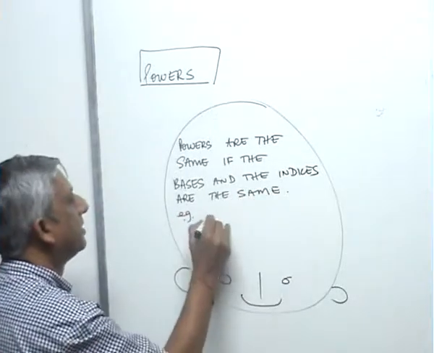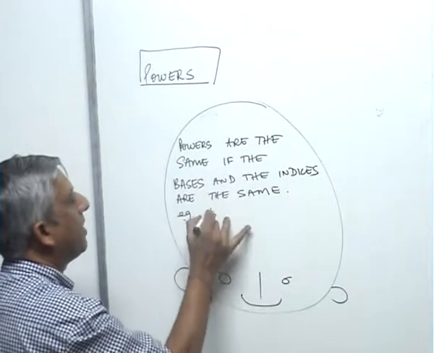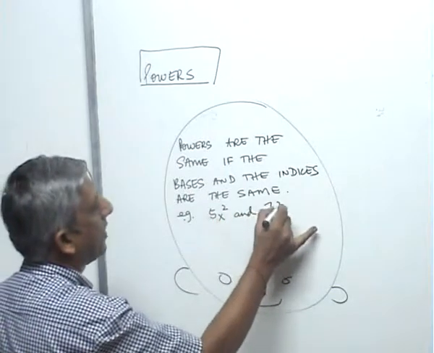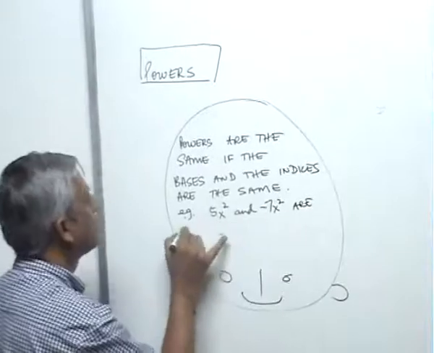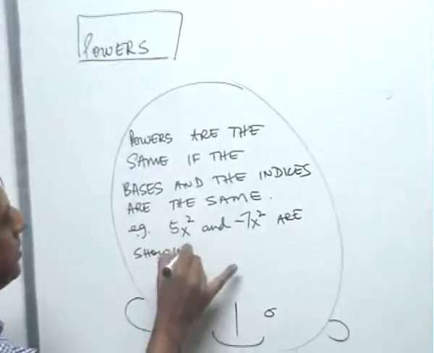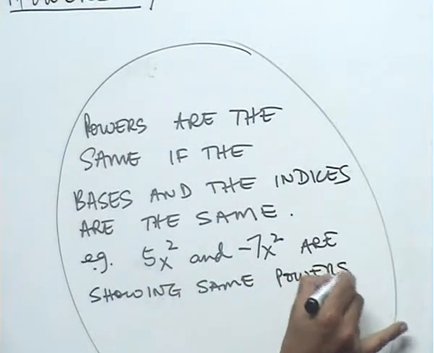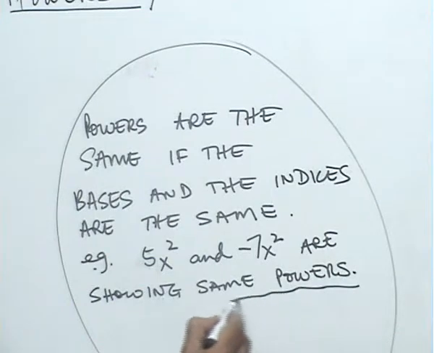For example, 5x squared and minus 7x squared are showing same powers. So, we must be able to identify same powers. 5x squared and minus 7x squared. The power here is x squared, the power here is x squared. The bases are exactly the same, the indices are exactly the same, therefore these two powers are the same.